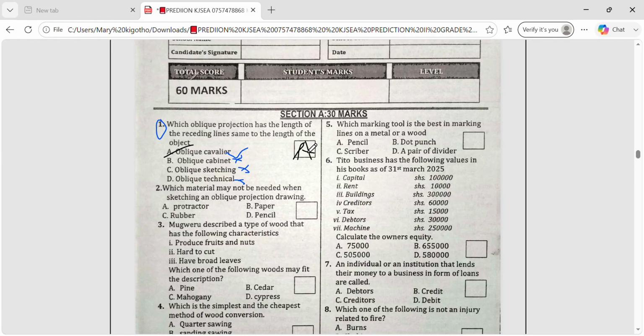Question number 2. Which material may not be needed when sketching an oblique projection drawing? The following materials, there is one that may not be needed. We have a protractor, paper, rubber, and a pencil.